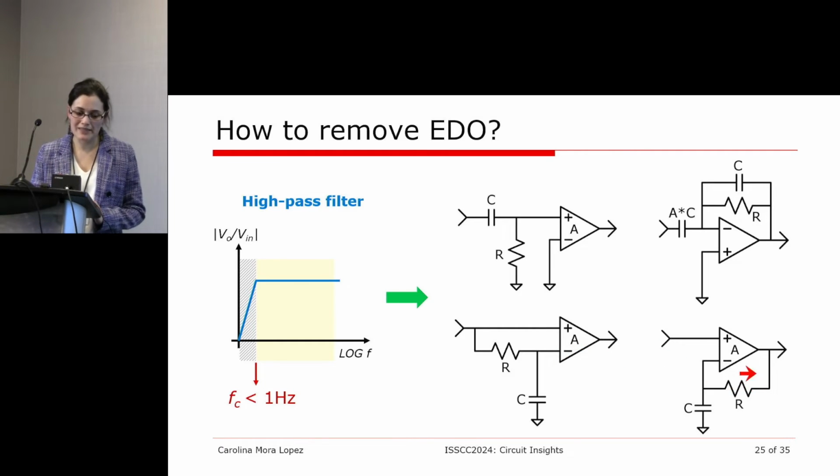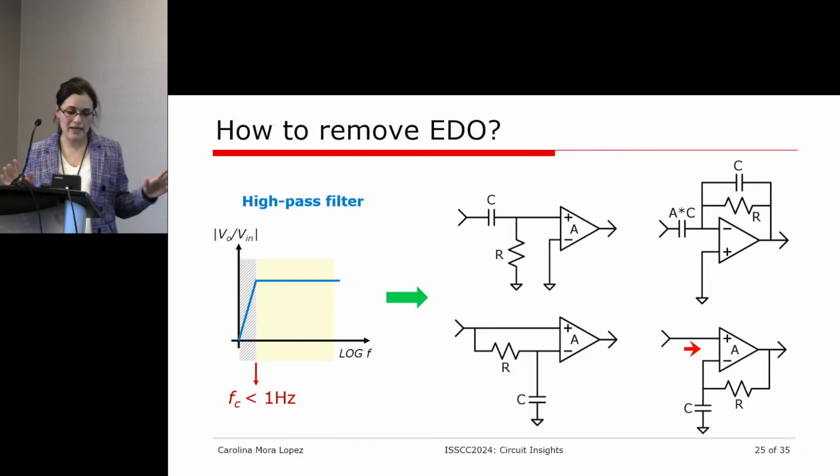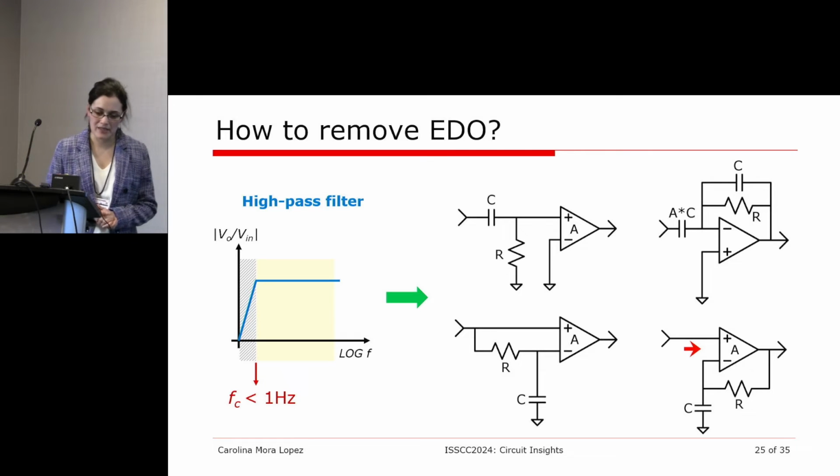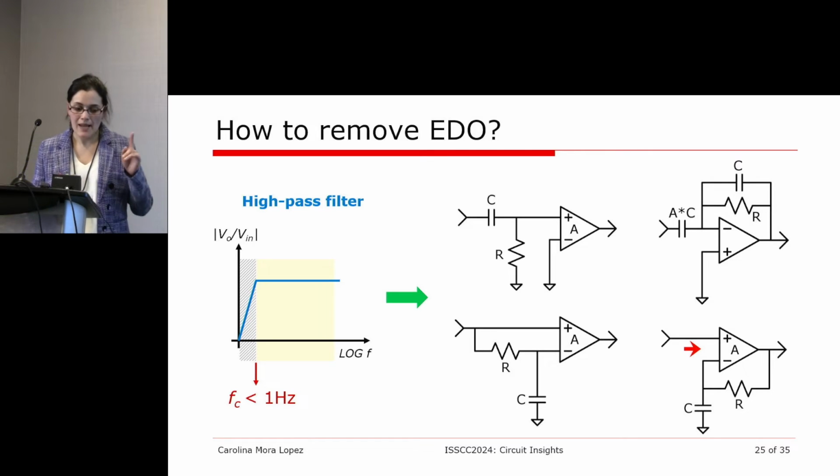You implement a low-pass filter in the feedback loop, and this low-pass filtered signal is subtracted from your input in order to create a high-pass filter. So these are 4 ways. There are many other types of implementations of active filters, and you can find those in textbooks, and probably you will see them in your courses.